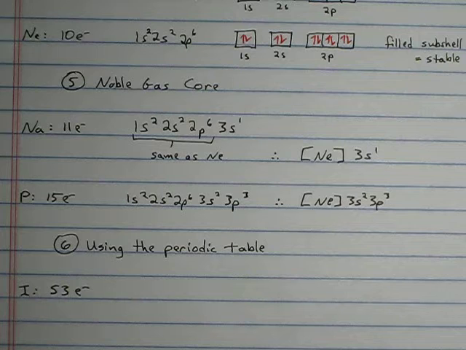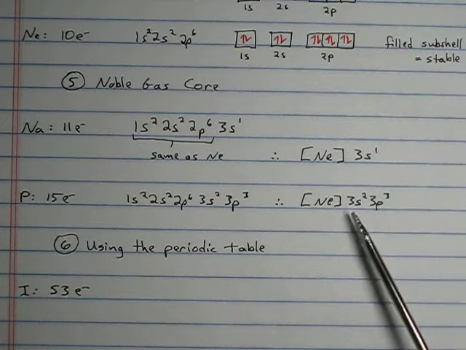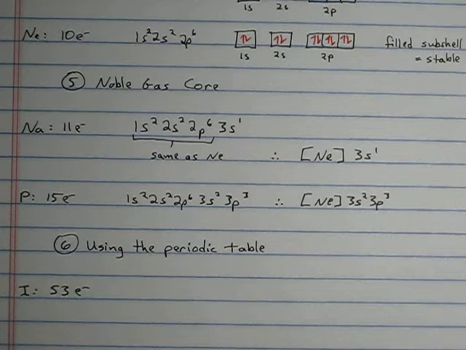What you may be noticing is when we do the noble gas core shortcut, the only thing we are writing are the valence electrons. This is one reason why the noble gas core shortcut is used so much: one, it's quicker, but two, the only electrons you worry about are the valence electrons, and those are the ones that do all the chemistry.